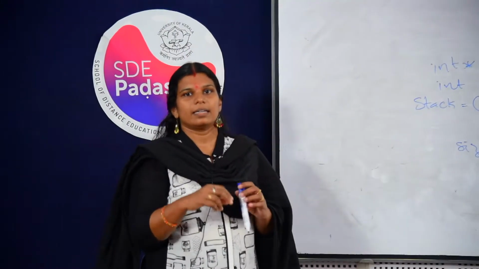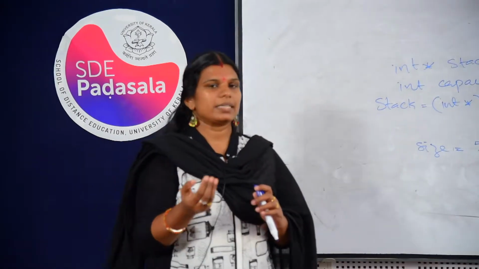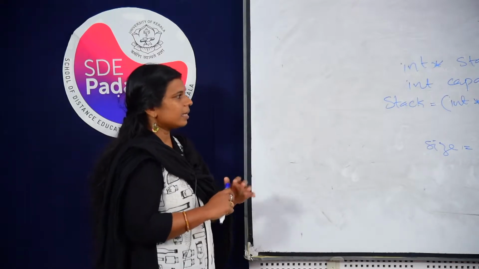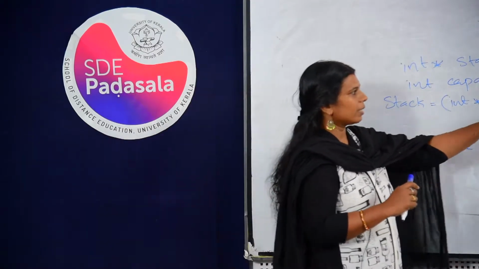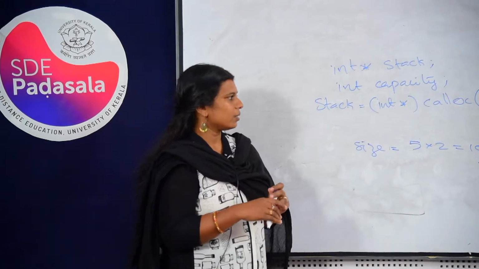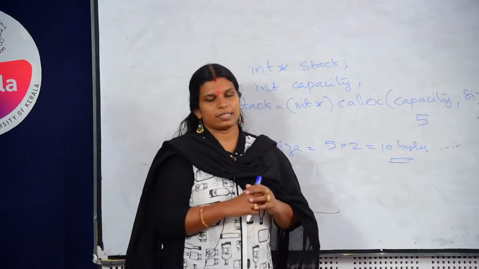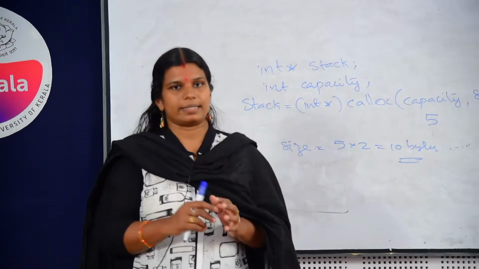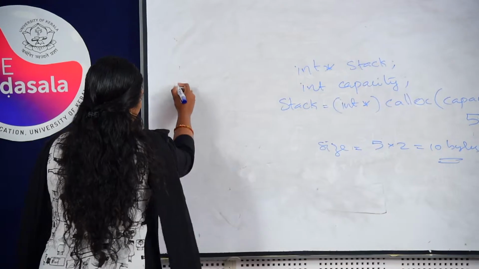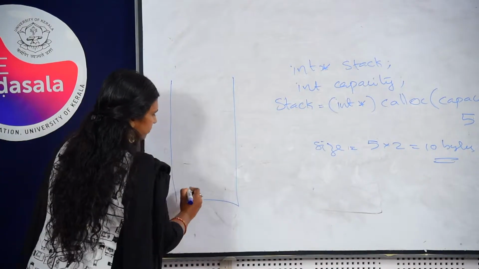This is the way a dynamic stack is allotted. Dynamic stack is allotted in this way, that is stack will be int star calloc capacity, where the elements are integers. So, total 5 into 2, 10 bytes will be reserved for implementing the stack, and that will appear the same way.